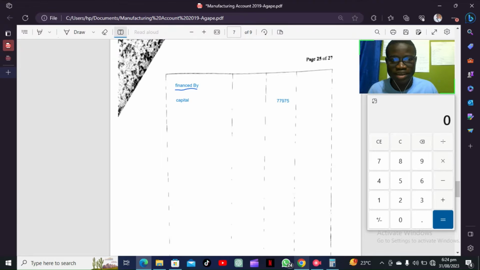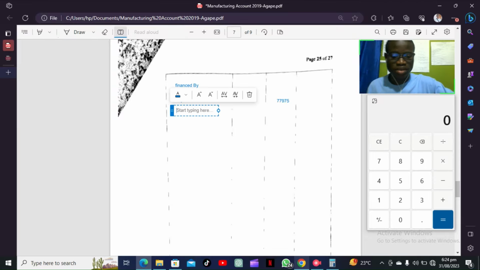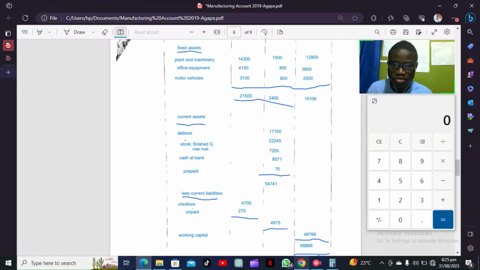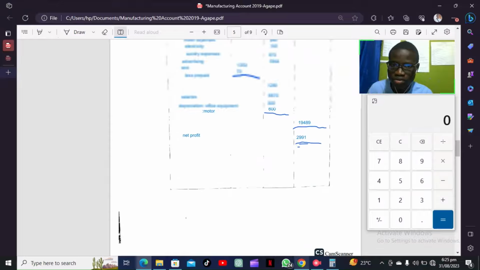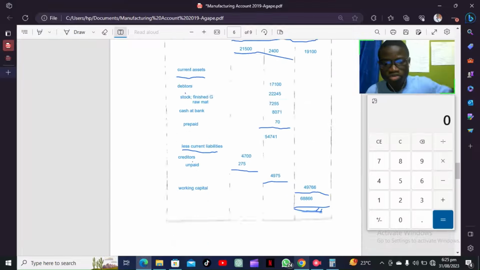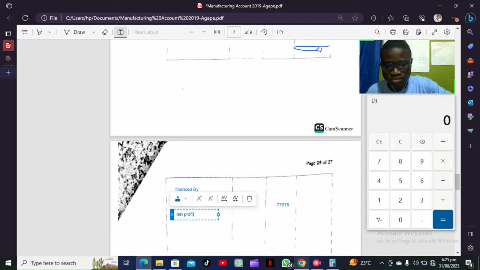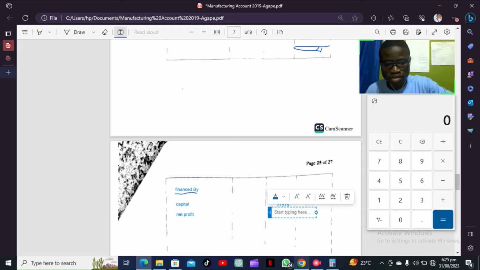Then this business was also financed by net profit, the one that we found. So what was the net profit figure that we found? The net profit that we found here was 2,991 kwacha.